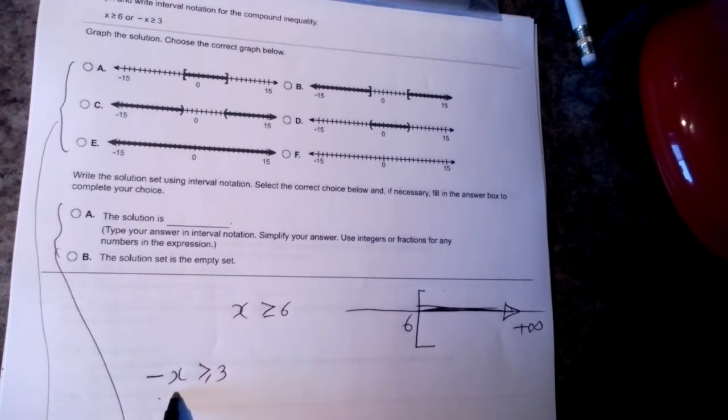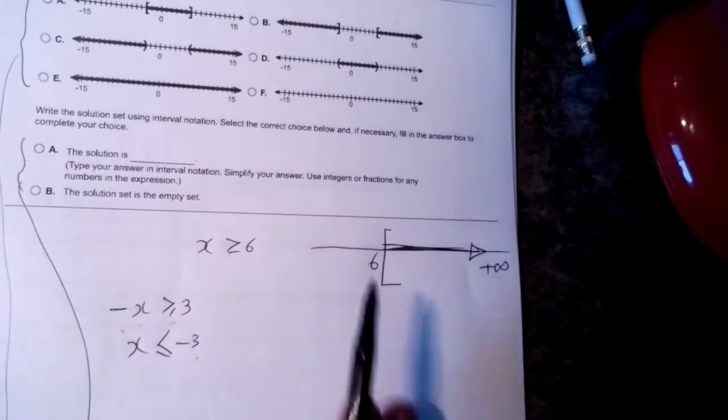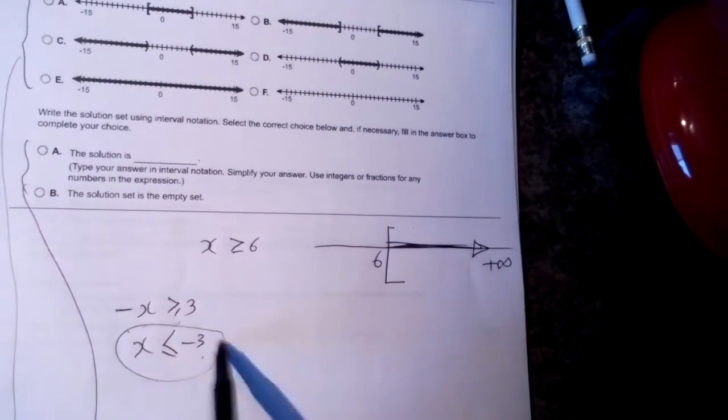Since we always look for x, we have to multiply both sides by negative. But when you multiply by negative, you have to change the inequality sign. So it would be x less than -3. I multiply this by -1, it is x. I multiply 3 by -1, it is -3. But we need to change the sign, so the sign will change from greater to less.